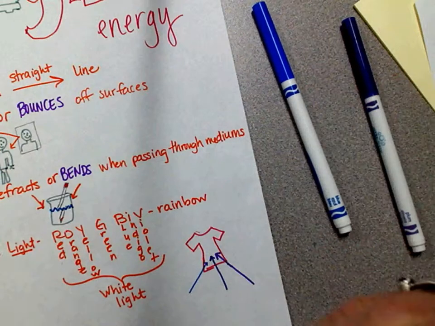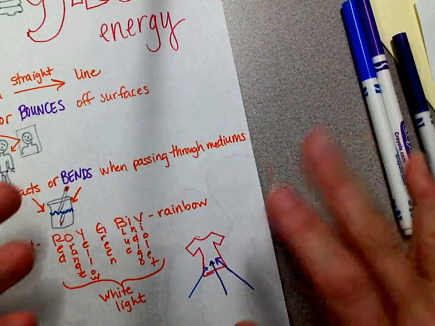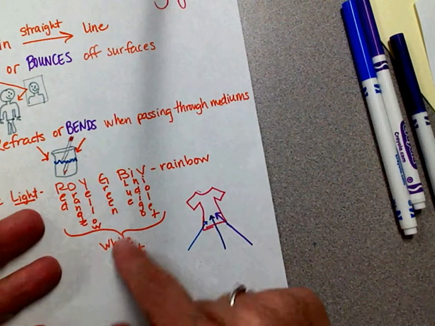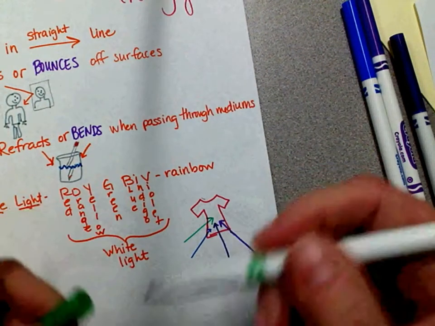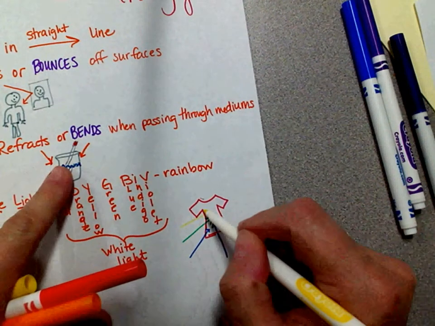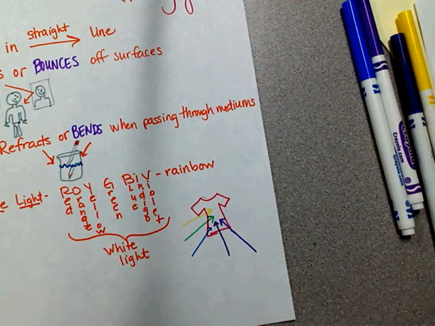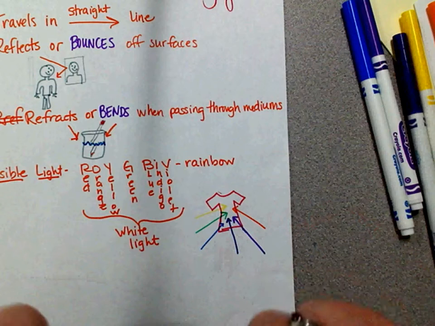Now remember, white light is all these colors mixed together. So we're going to have blue going into that shirt, and green going into that shirt. Then yellow being absorbed into that shirt. Then orange going into that shirt. Now, what happens with red though? Why do I see red?